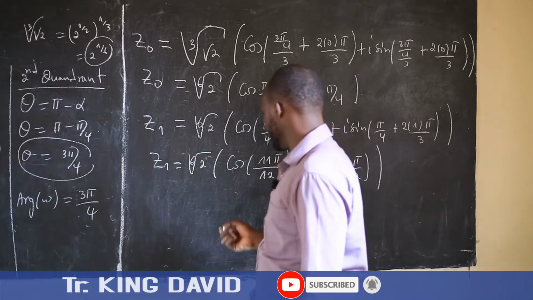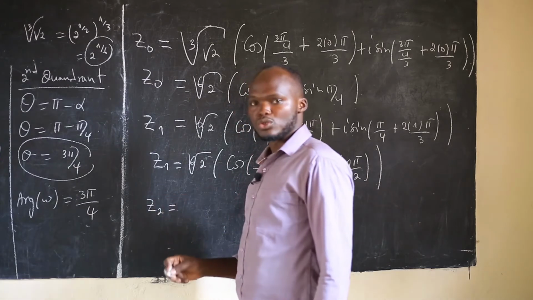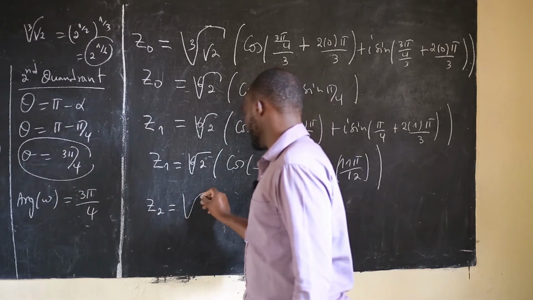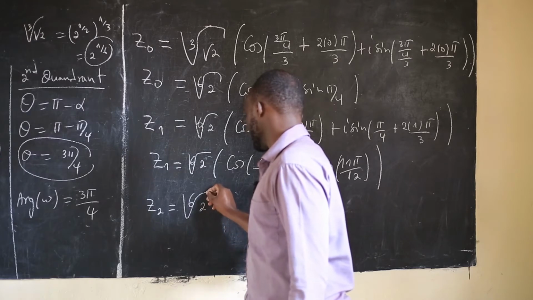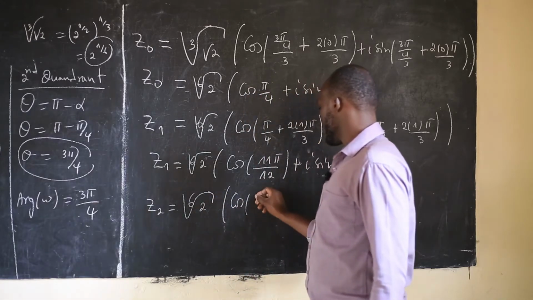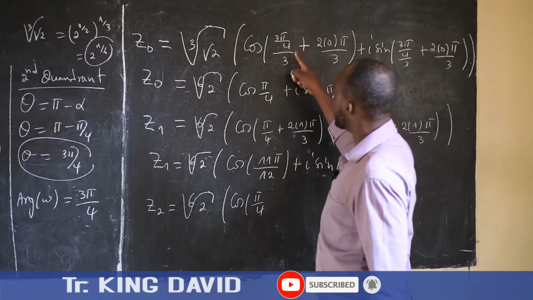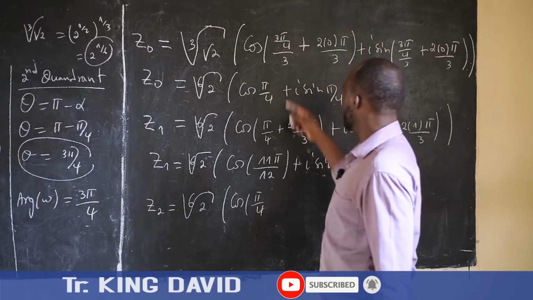Let's go to Z2. This is the second root. Z2, our k is 2. It will be the 6th root of 2 into bracket cos pi over 4. This pi over 4 is for this one. These 3 cancels with that one, remains pi over 4. It will not change.